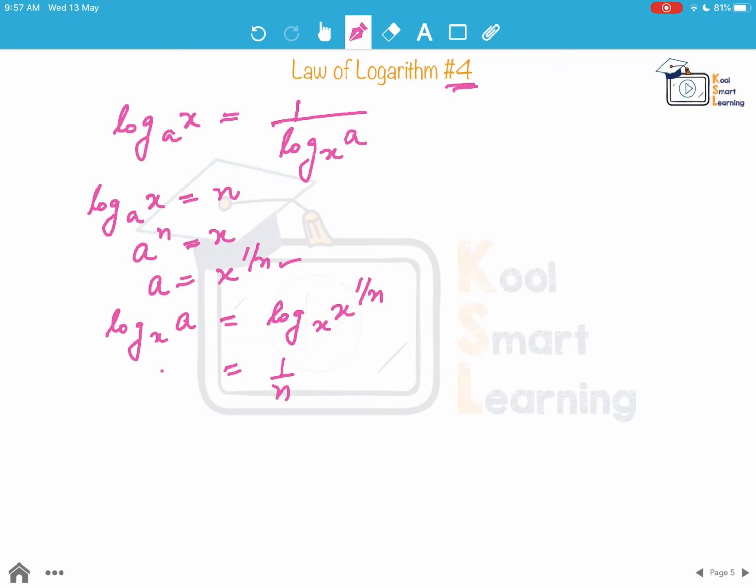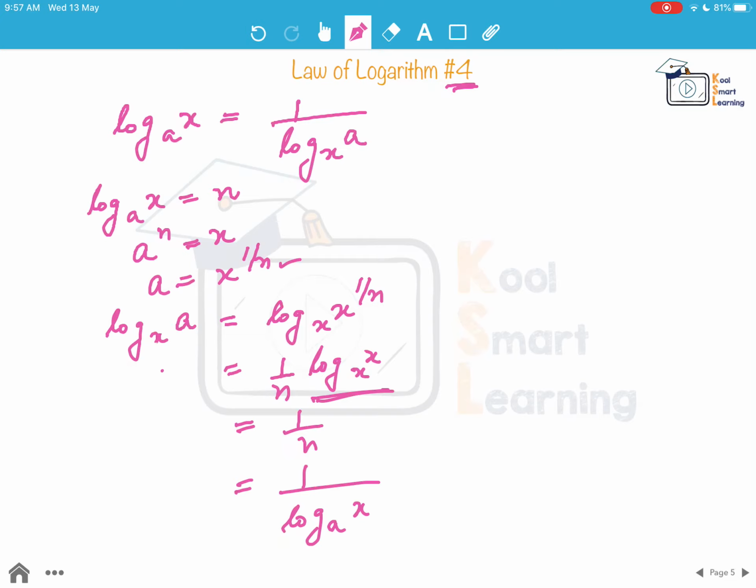Using the property that we just discussed, this becomes 1 by n into log of x to the base x, and using the fact of logarithm which says log of a number to the same base is 1, this becomes 1 by n, and 1 by n is nothing but 1 by log of x to the base a. Right? So we are saying log of a to the base x is equal to 1 by log of x to the base a.